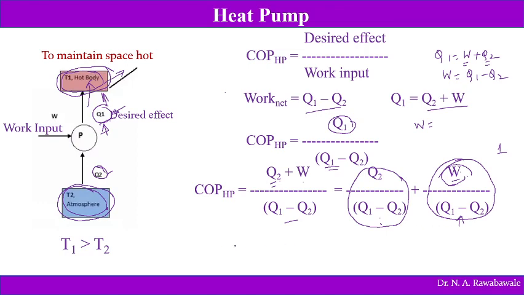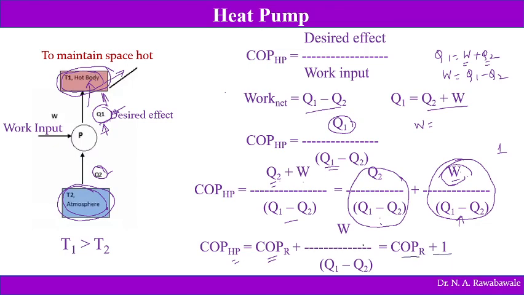So we can write COP of heat pump is equal to COP of refrigerator plus W divided by Q1 minus Q2. So the first term becomes the COP of refrigerator, and the second term, W divided by Q1 minus Q2, becomes 1, because this W is nothing but Q1 minus Q2.